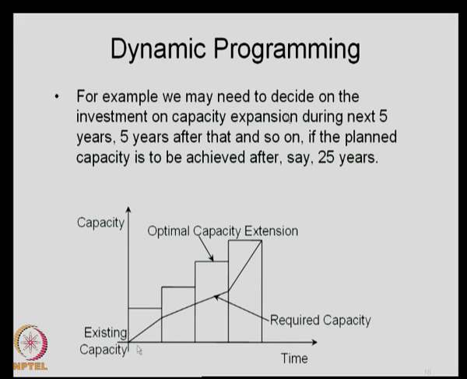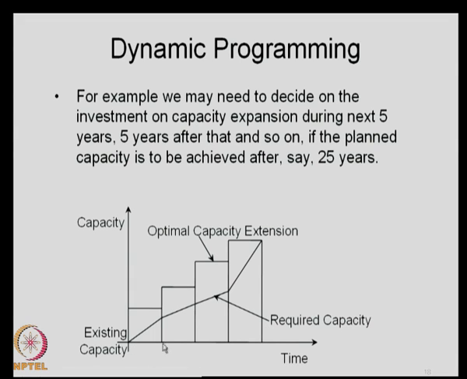So, we will take this example. There is one existing capacity and you are specifying the minimum required capacity at each time horizon. Let us say that this is 5-year period, this is 5-year period, 5-year, and so on. So, from time t is equal to 0, this is 5, this will be 6 to 10, this will be 11 to 15, then 15 to 20, and so on.